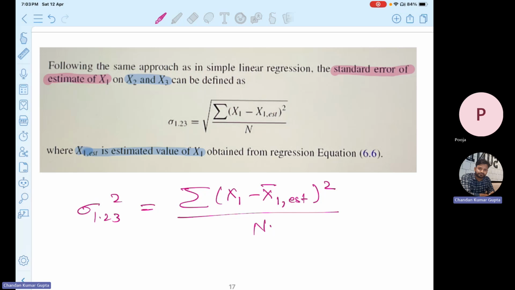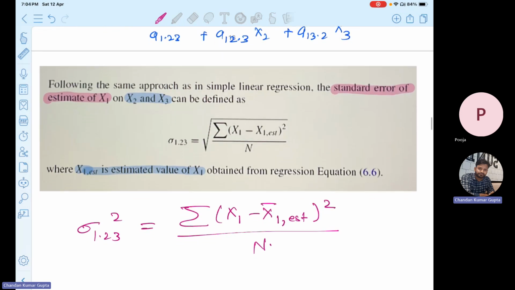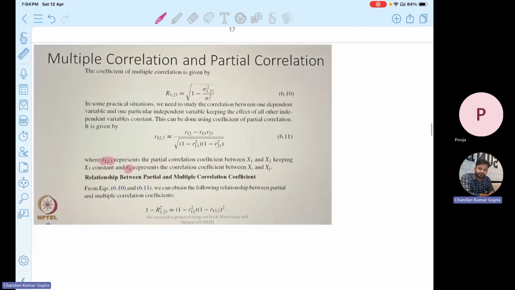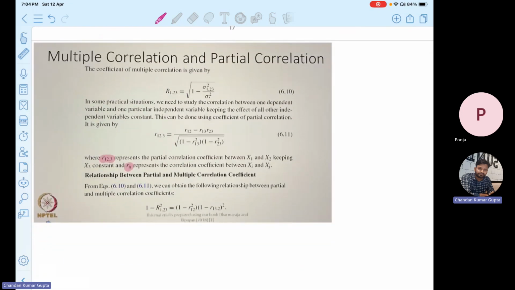This is the variance of the estimate of x1, and taking the square root, we find the standard error of the estimate of x1. Similarly, we can solve if we consider a different random variable as the dependent variable.